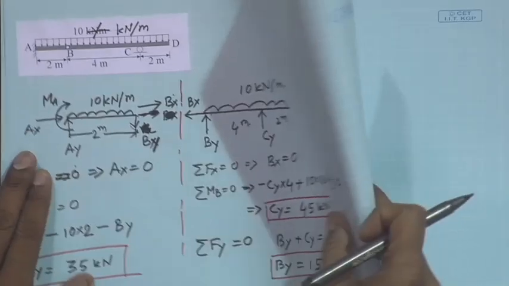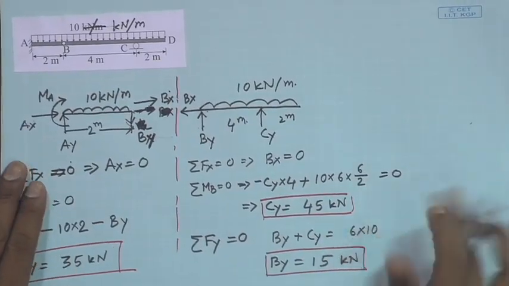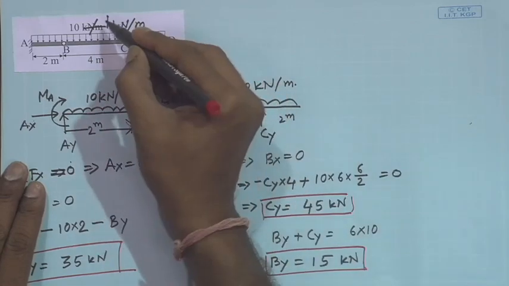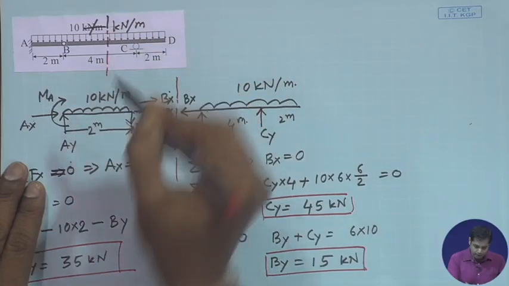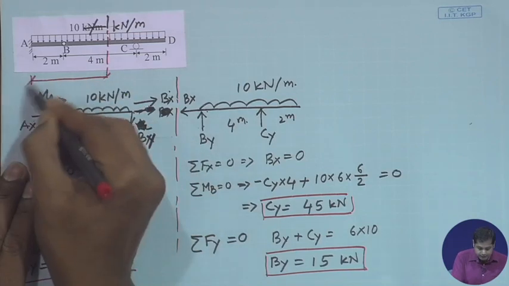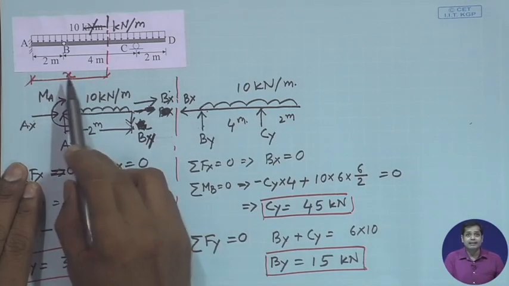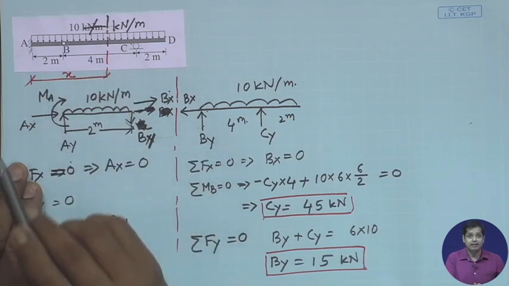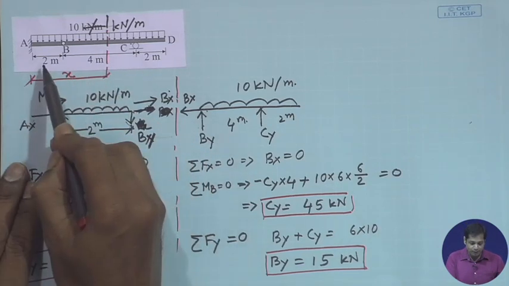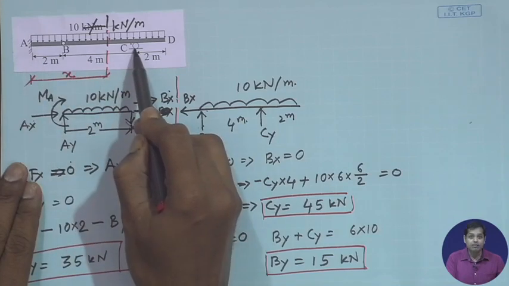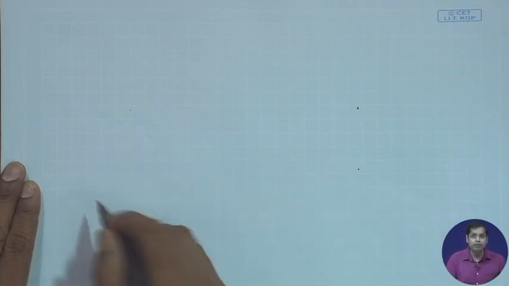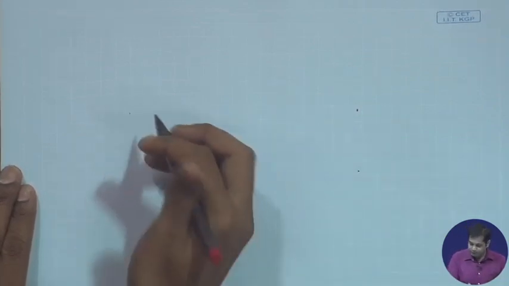First, you take a section here at a distance x, and this x varies from A to C, which means x varies from 0 to 6. If we take that, then what would be the free body diagram?